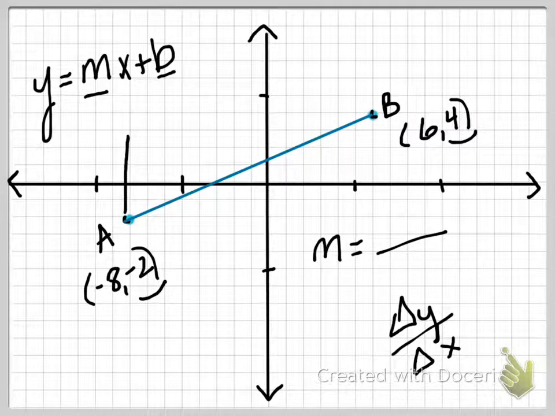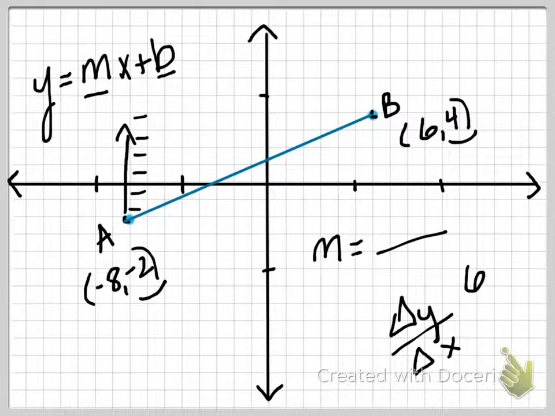How many units do you go up? Let's check them off: 1, 2, 3, 4, 5, 6. You go up 6 units. That would be our change in y. The change in our y coordinate was 6.